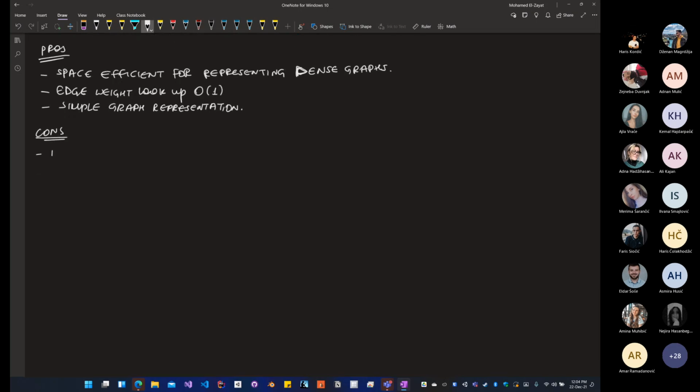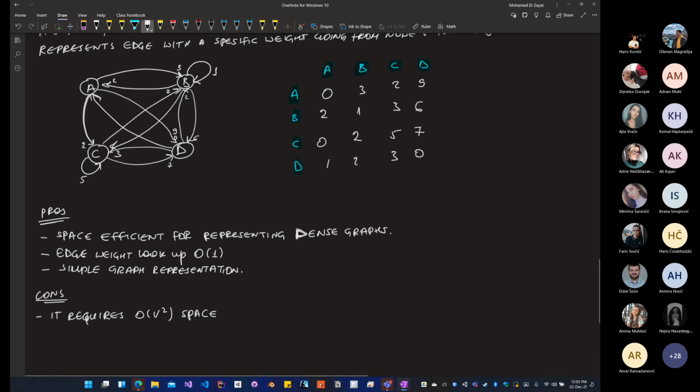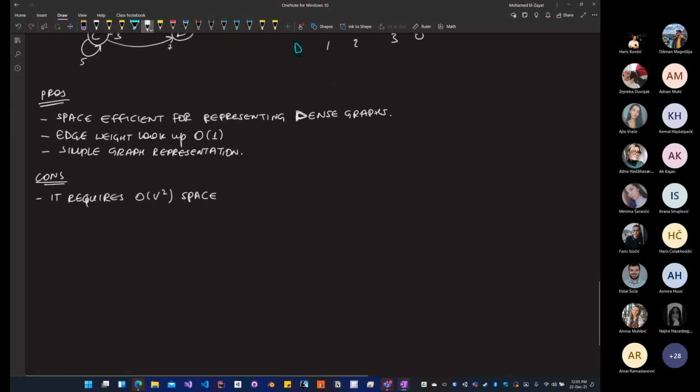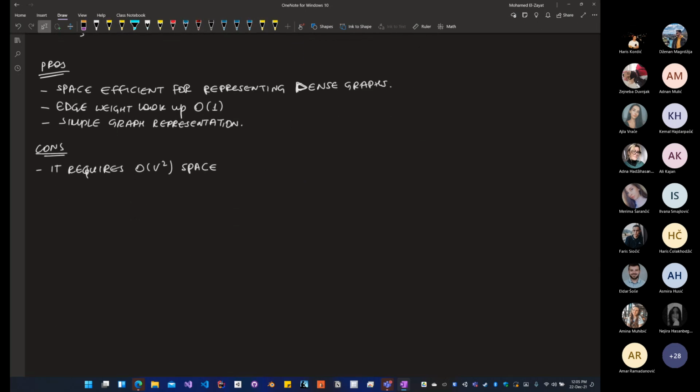It requires O of V squared space. As you can see here, we have 4 vertices, yet I'm actually keeping track of 16 entries, right? So that's the case here.